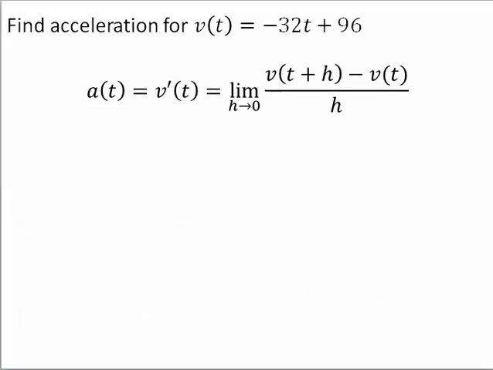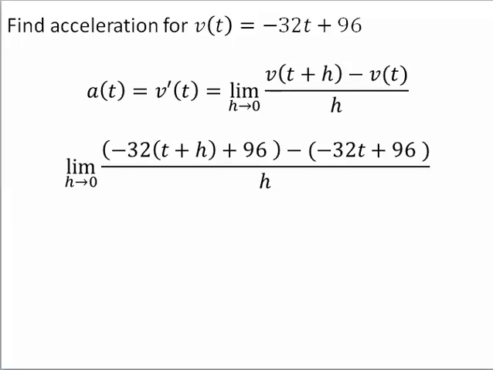Let's find acceleration. First remember I said that we have to find this ratio, the velocity function evaluated at t plus h minus velocity at t, all of that over h. And of course this is a terrible mess and we have to clean it up.